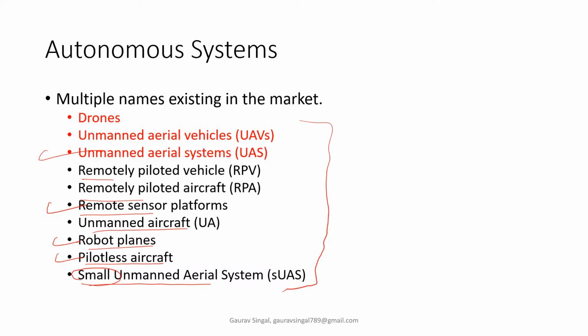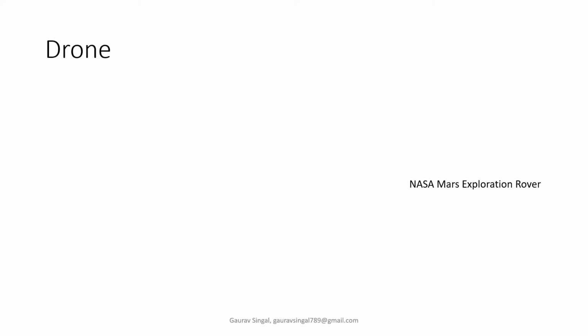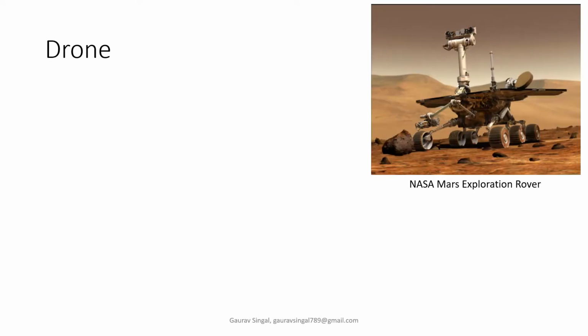Okay, so now we are coming to a term that's called drone. So you can see there is one photo that is the NASA Mars exploration rover. Generally this kind of robot is also called a drone, but actually what we hear in the nearby scenario, a flying vehicle or a UAV, is called a drone, but the scientists also call this vehicle a drone.